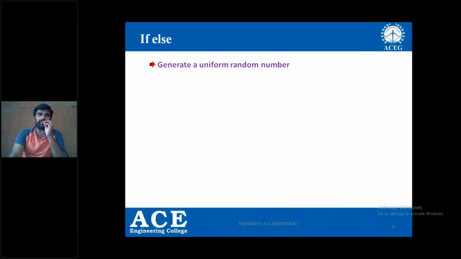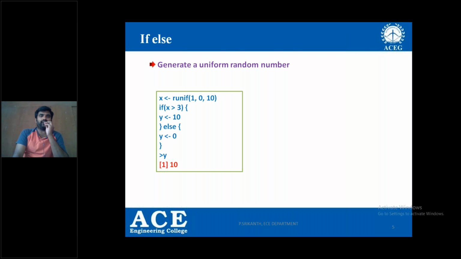A simple example is taken in the R language: generation of a uniform random variable. What is the function we use to generate the uniform random variable? A uniform density function. X is assigned with runif of 1, 0, 10.